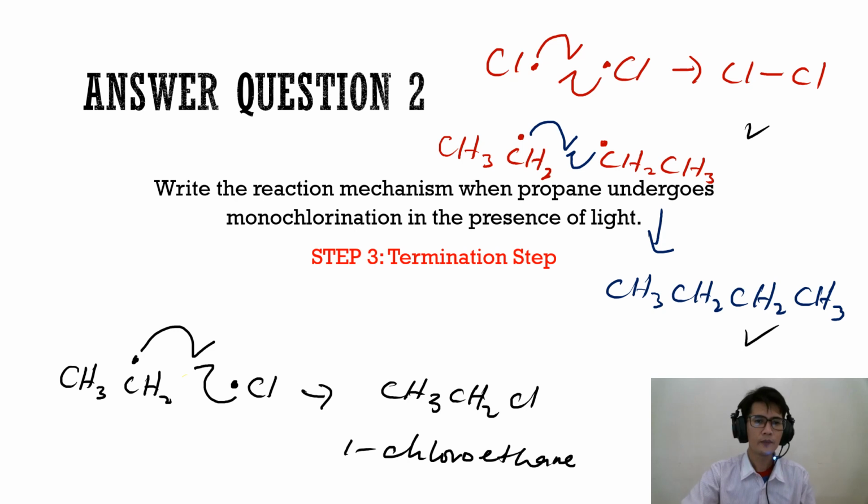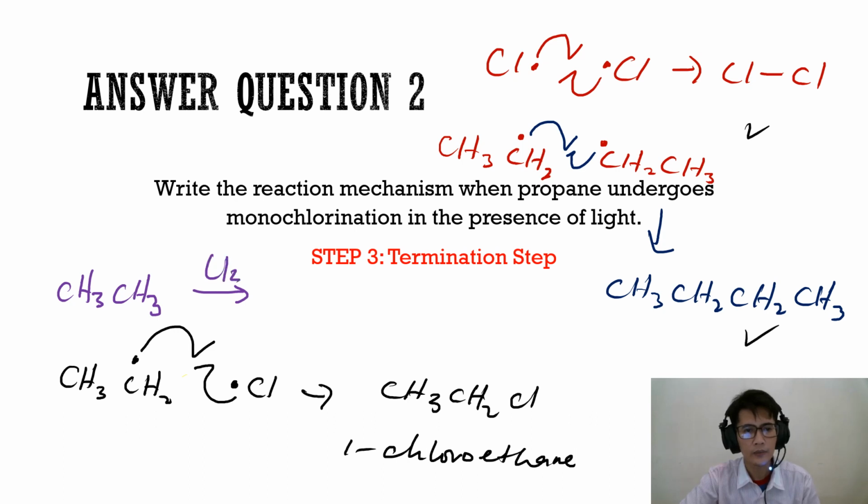Kalau you perasan, HCl yang terbentuk tadi. Okay. Because the overall equation, okay, the overall equation is actually CH3CH3 plus Cl2, UV, okay, produce CH3CH2Cl plus HCl.